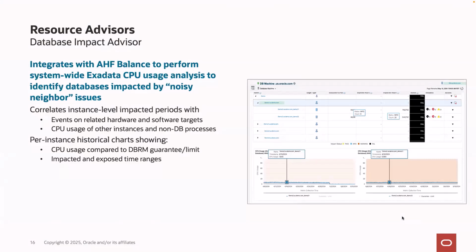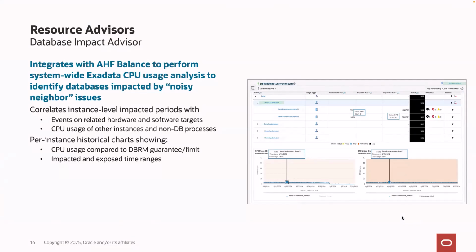So first of all, the Impact Advisor is something that we can extract for every individual cluster and database on a single Exadata. We have the possibility to correlate instance level impacted periods, so we can see exactly when it occurs. We can look at events, what type of events happen.